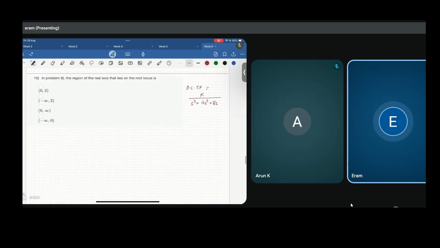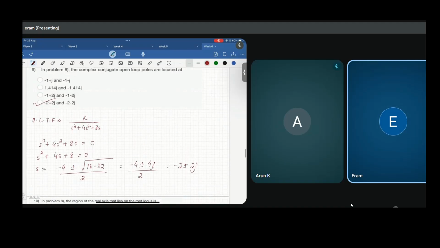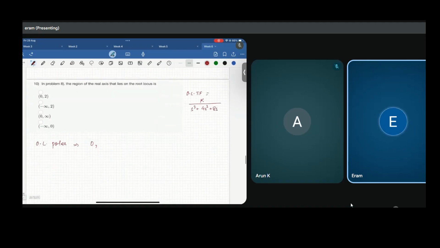Just now we have calculated the open loop poles of this system: one was at 0, and the others were a conjugate pair in the LHP, that is -2 minus 2j and -2 plus 2j.